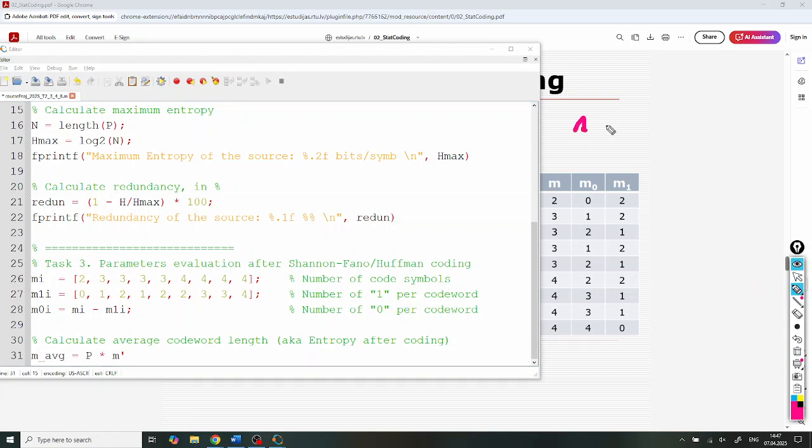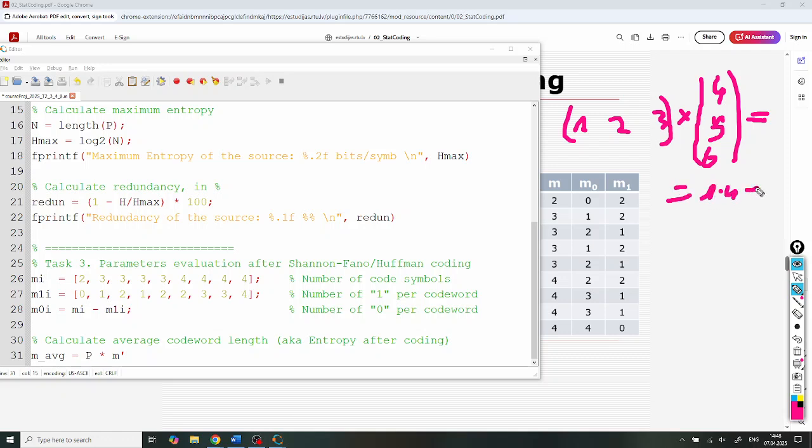Like if we have 1, 2, 3 multiplied by 4, 5, 6 matrix-wise, that's going to produce me 1 multiplied by 4 plus 2 multiplied by 5 plus 3 multiplied by 6, which is 32. One number, yes?